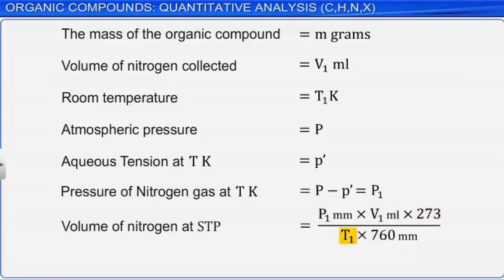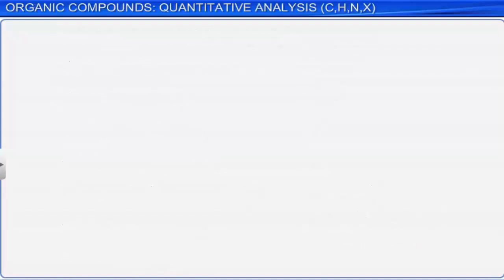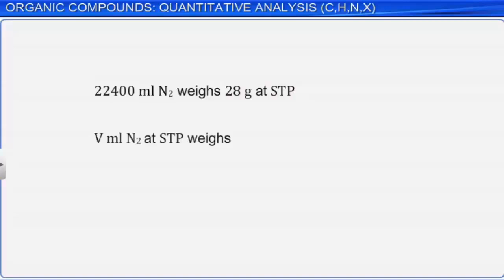Let's assume that the resultant volume is V ml. As we know, 22,400 ml of nitrogen weigh 28 grams at STP. Therefore, V ml nitrogen at STP weighs 28 multiplied by V divided by 22,400 grams.